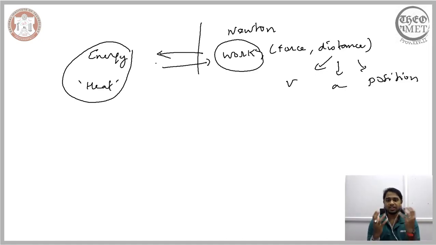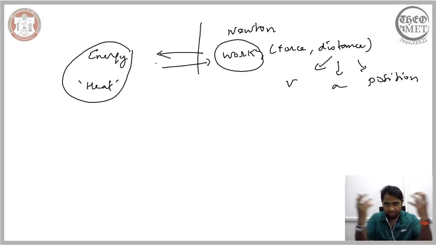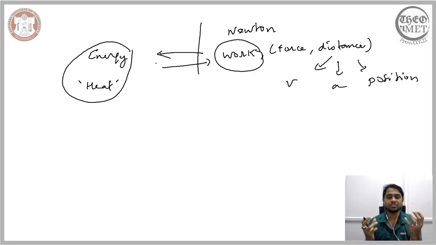So it means these are not two different fields; rather, they can be coupled and studied in a single framework. This field of Newton was distinct, and this field of energy was distinct. Now it was this relation, that work produces energy, that enabled us to understand that both can be studied in a single framework.